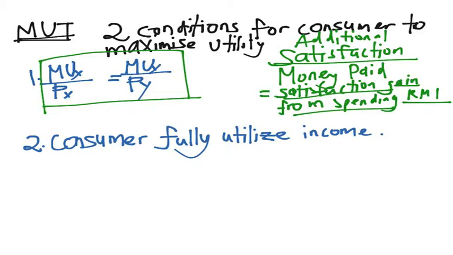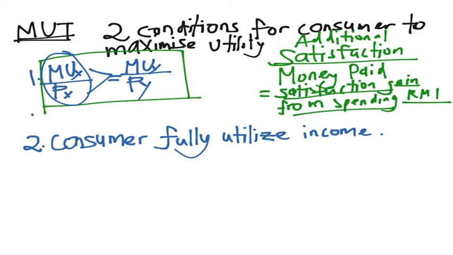Why is this so? Okay, imagine now if the marginal utility over price of X is larger than the marginal utility over price of Y. What we can see here is that the additional satisfaction the consumer gets from consuming X is actually larger than the additional satisfaction from using the $1 on Y. So in this case, the consumer can increase satisfaction by consuming more of X, right?